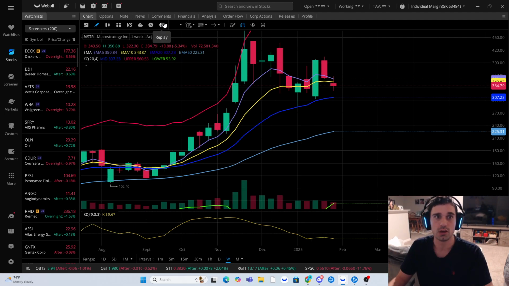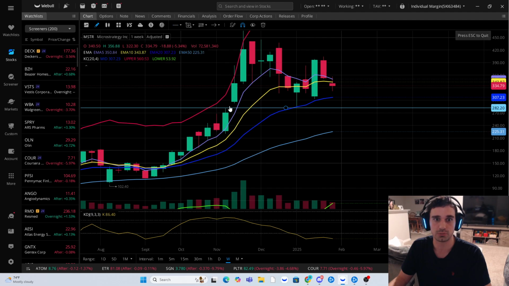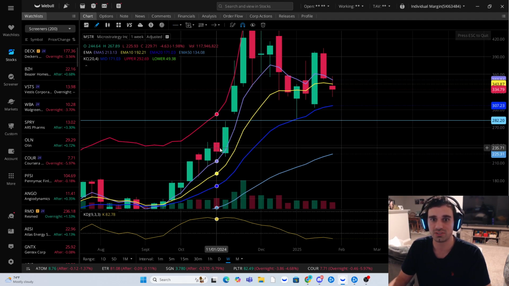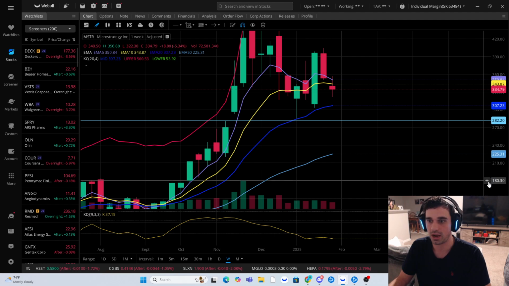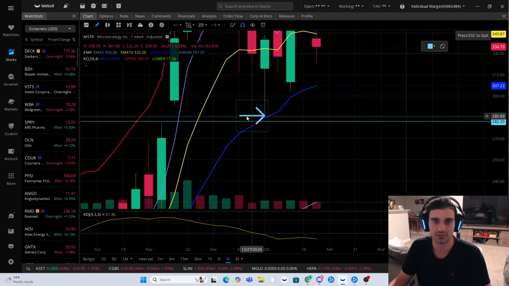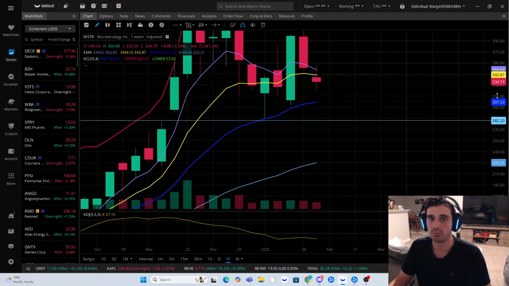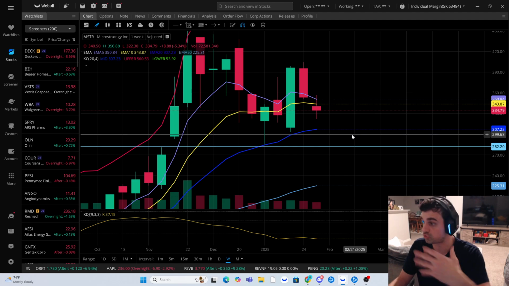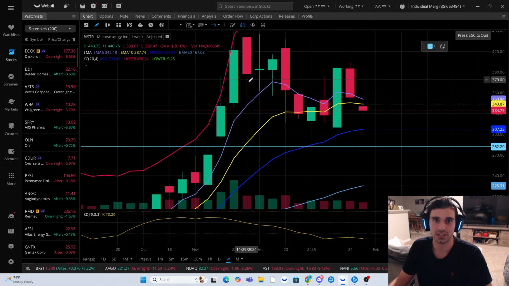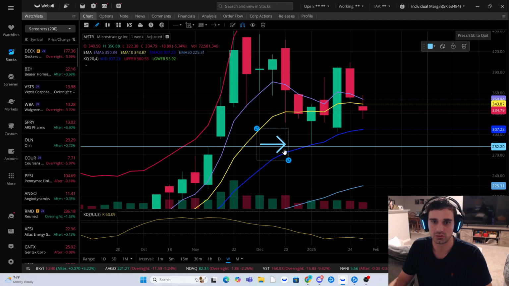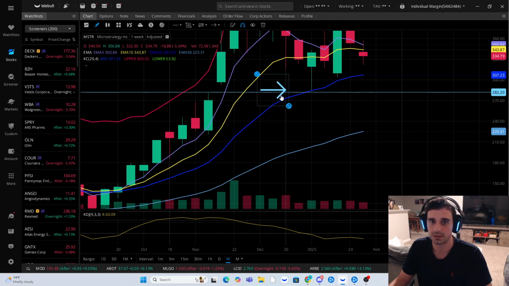Draw your support. What is your support? Right here is big support. That's where your gap coincided with the EMA 20. Obviously, algos are going to look at these levels. This is a very strong, big buy zone. The farther down the EMAs you go, the stronger the buy zone is, right? The EMA 5 is weaker than the 10, the 20 is stronger than the 10, and the 50 is obviously stronger than the 20.